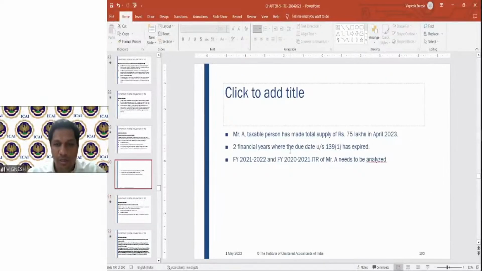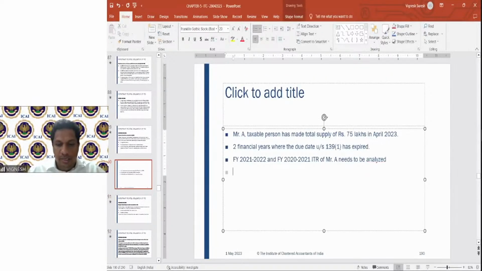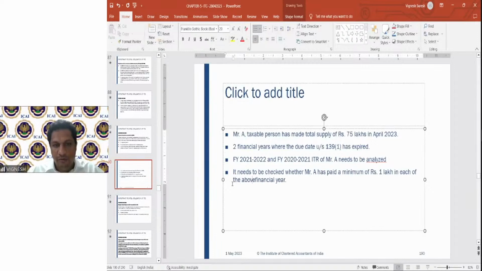So it needs to be checked whether Mr. A has paid a minimum of 1 lakh in each of the above financial years. If he has paid, then Rule 86B will not be applicable for April 2023.